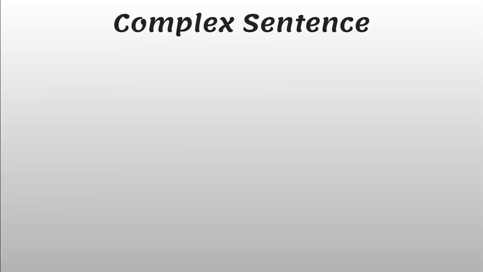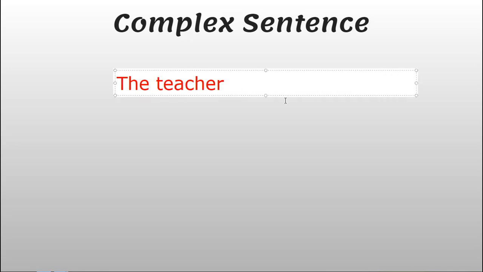But sometimes in any language, for emphasis, to describe something, they use multiple mubtadas, like to introduce something. If I say the teacher, how are we going to label it? The teacher is the mubtada, right? You know I'm going to tell something about the teacher, right?